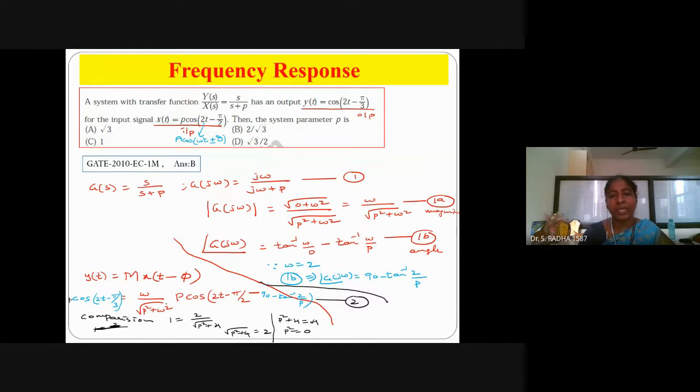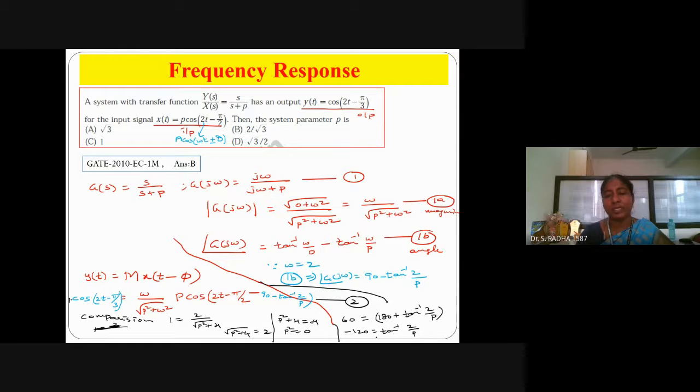If I compare the phase angle, what happens? Pi by 3 is 60 degrees on the left side. On the right side, make minus common. I am having 180 plus tan inverse 2 by p. And if I take this 180 to the other side, it is minus 120 equal to tan inverse, okay, 2 by p, and if I take tan inverse to the left side, minus 90 plus 30 is 1 by root 3.